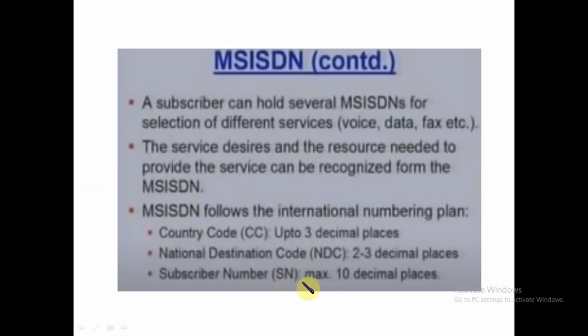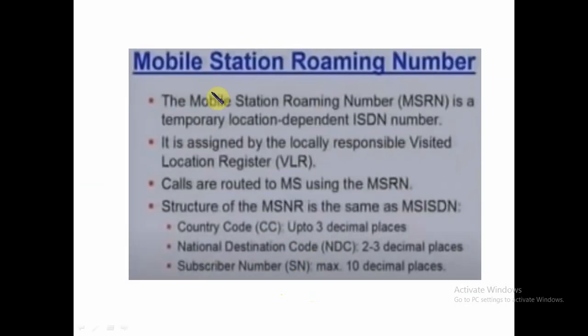And here are more fields, related to the Mobile Station Roaming Number, that is the MSRN. The MSRN is a temporary, location dependent ISDN number.